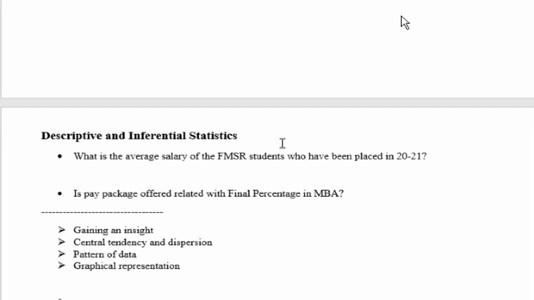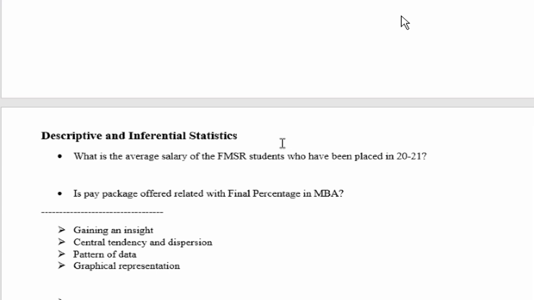But on the same data, if you want to know the answer to the second question, is the pay package offered to FMSI students related with their final percentage, meaning CGPA or percentage, whatever.